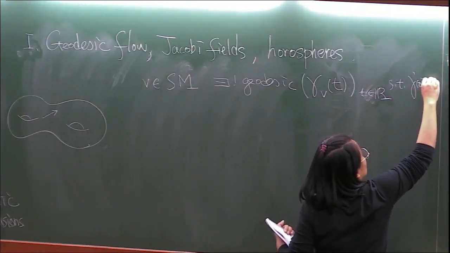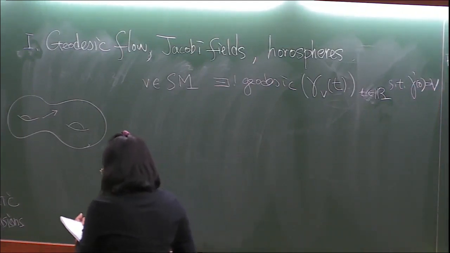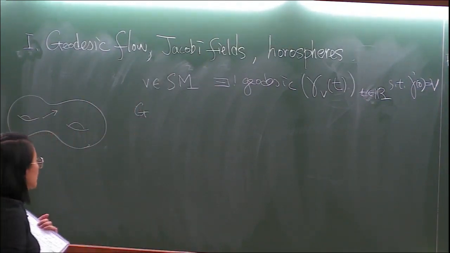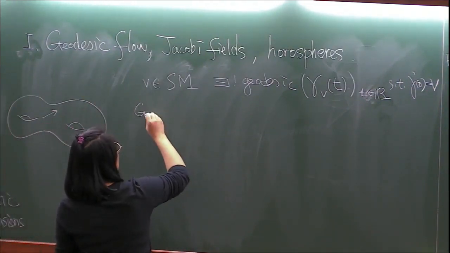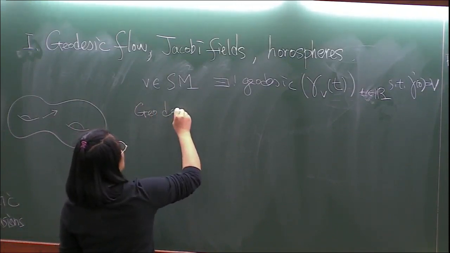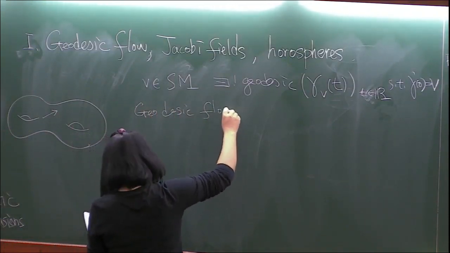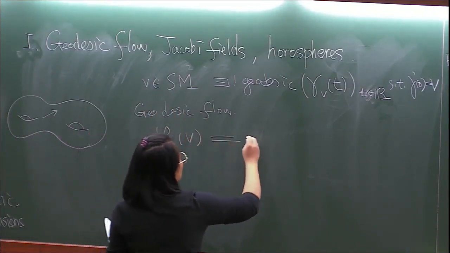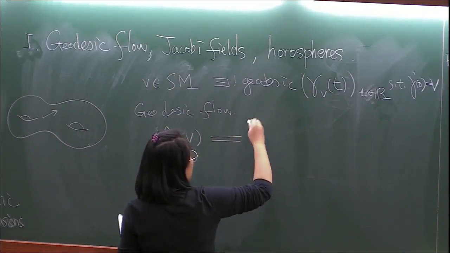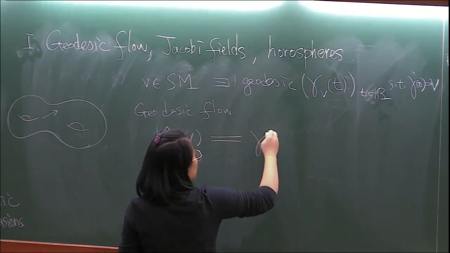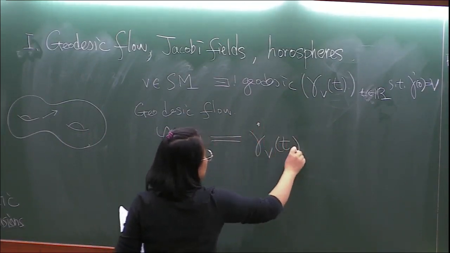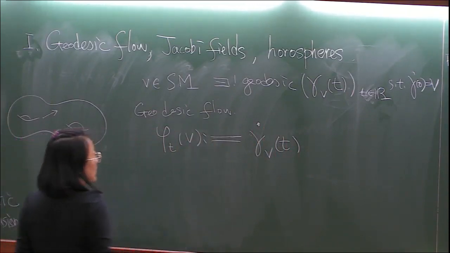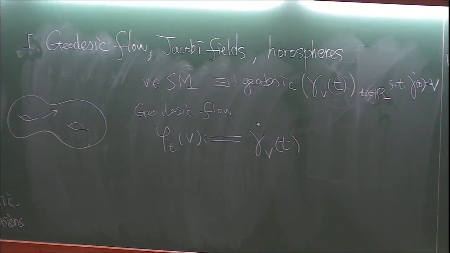What is the geodesic flow? Of course we know this, but we need to introduce notions for it. We will use the notation phi t. You map v to the velocity at time t, which is gamma_v dot of t. So this is the time-t map of the geodesic flow.